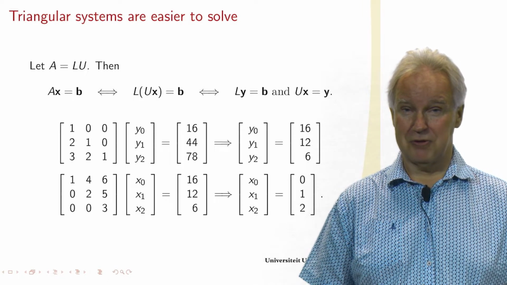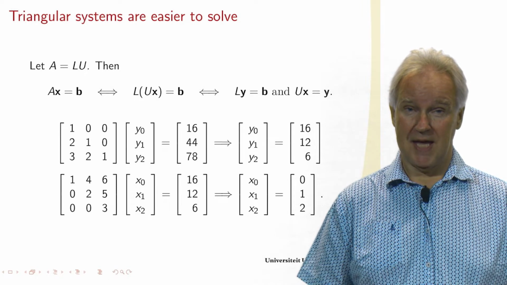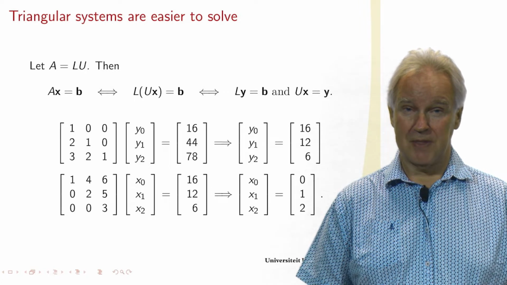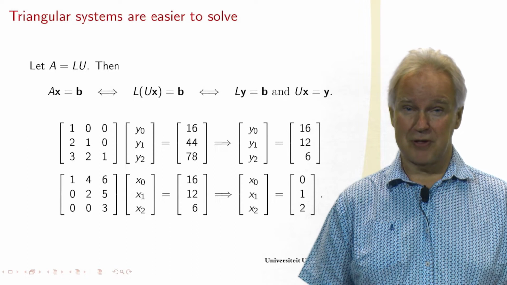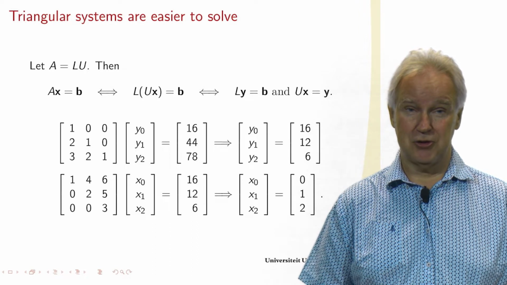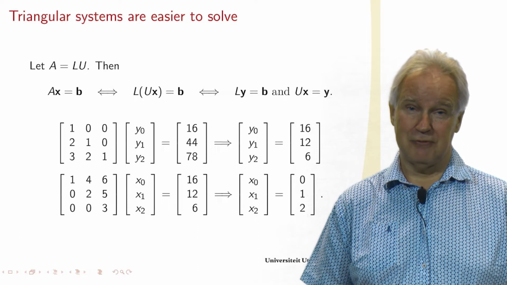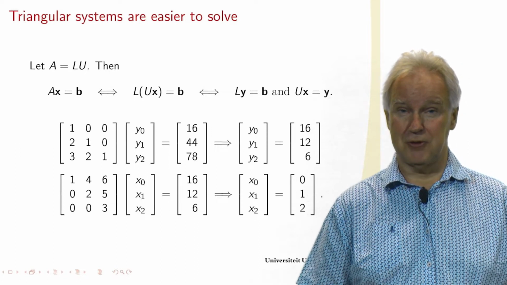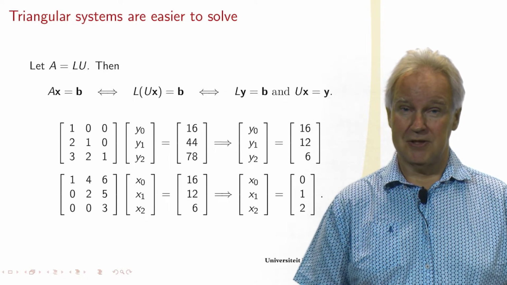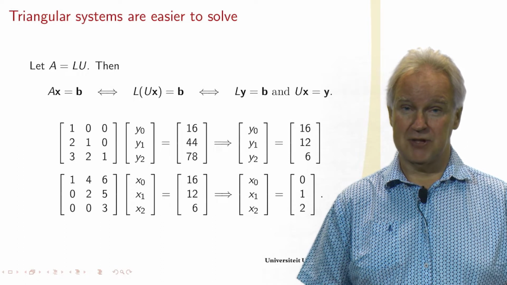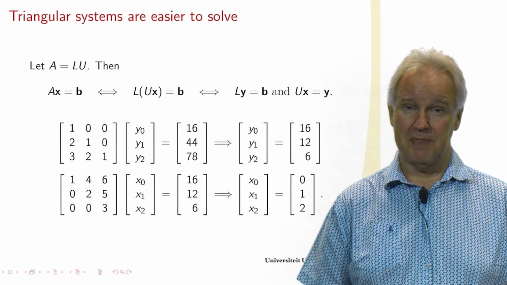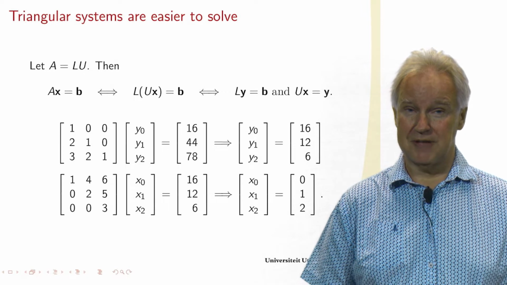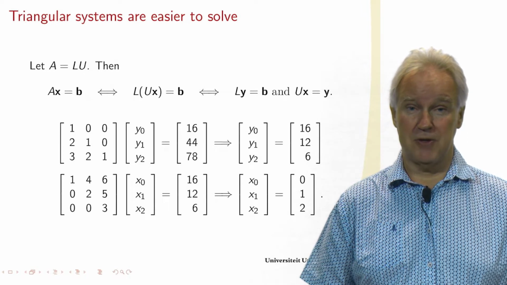On the top, you see the system LY equals B. Since it's triangular, we can already find from the first equation that y0 should be 16. Then if we have y0, we can substitute it in the second equation. So we subtract 2 times 16 from 44, and then we get that y1 should be 12, and so on.